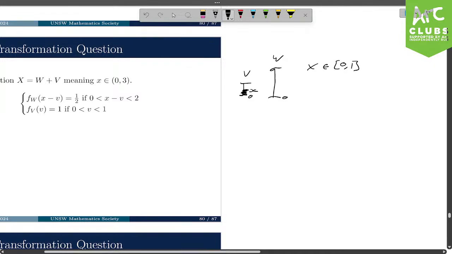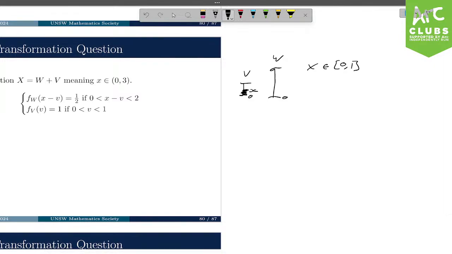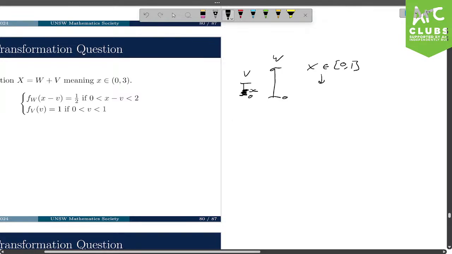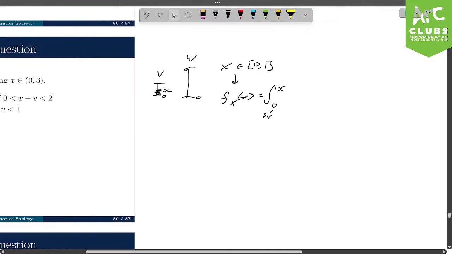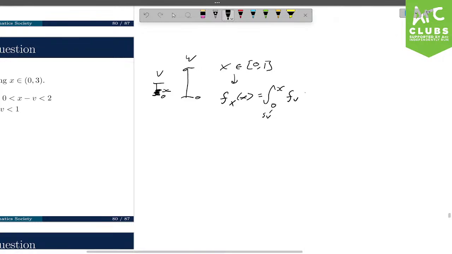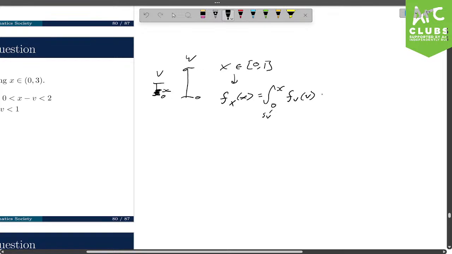So that puts a restriction on this kind of convolution that I'm trying to perform. And so that means, okay, for x being between 0 and 1, I have that f of x is equal to the integral from 0 to x, with respect to v, of f of v times f of w of x minus v, dv.